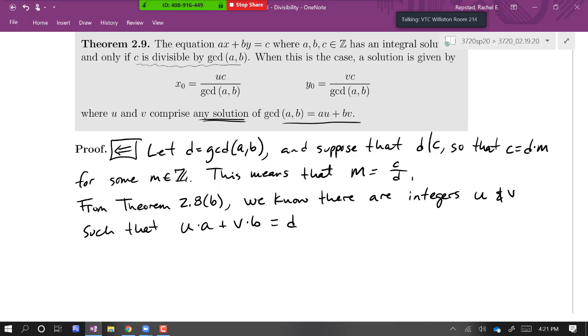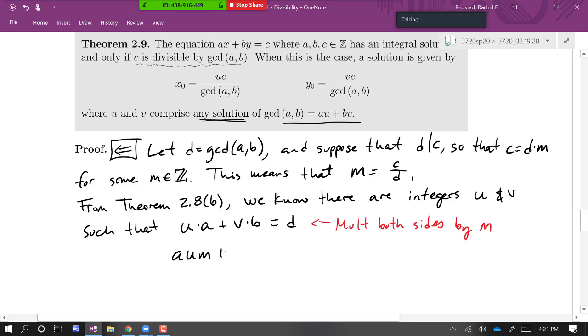So now we have an equation. That's pretty nice. Let's multiply both sides by M. So we get AUM plus BVM equals DM.